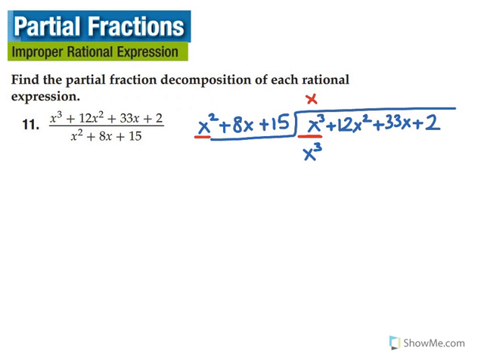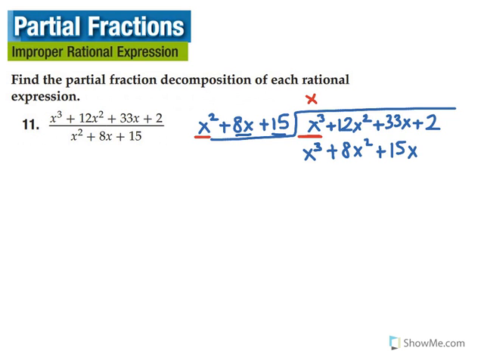Of course, I should multiply x with all the other terms in here, so it will be x cubed plus 8x squared plus 15x. So this is something like expanding the expression here with x.